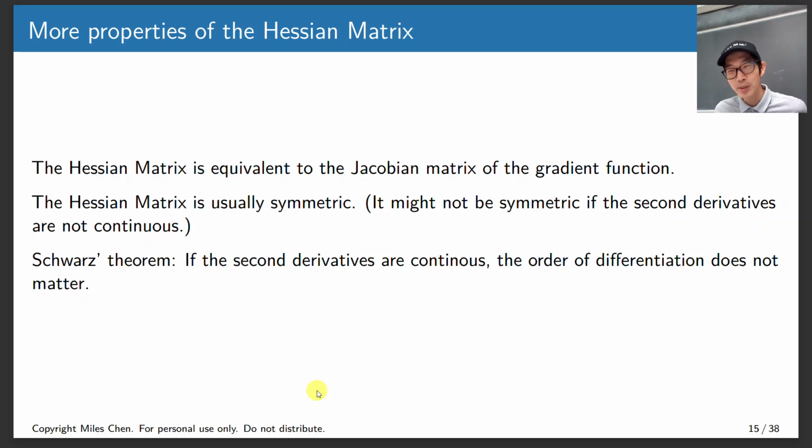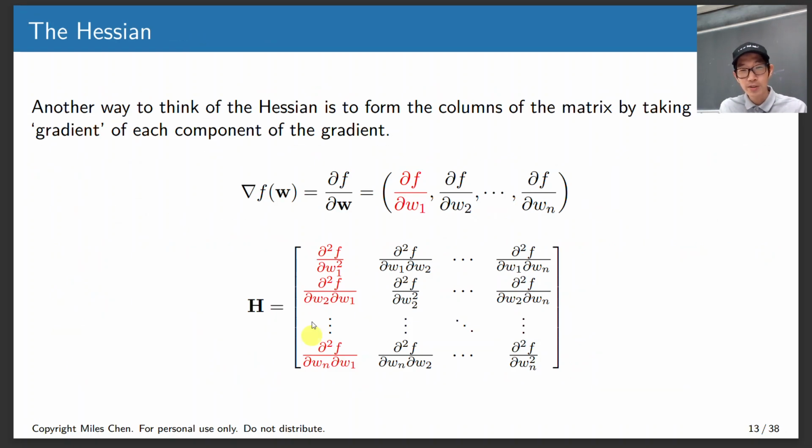So, but it might not be symmetric if you have second derivatives that aren't continuous or something like that. There's different theorems. Schwarz's theorem: if the second derivatives are continuous, then the order of differentiation does not matter. So technically, over here I've got the partial with respect to W1 and the partial with respect to W2, and here is kind of the opposite order, partial with respect to W2, partial with respect to W1.